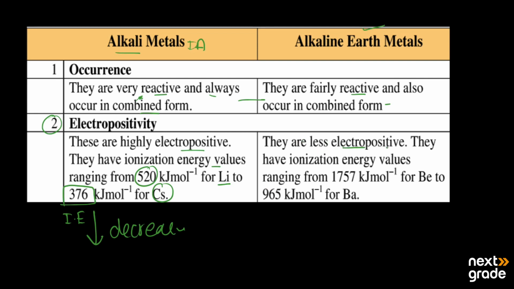They are less electropositive as compared to the alkali metals, and their ionization energy values range from 1757 for beryllium to 956 for barium, the last alkaline earth metal. Their ionization energy values also decrease down the group.